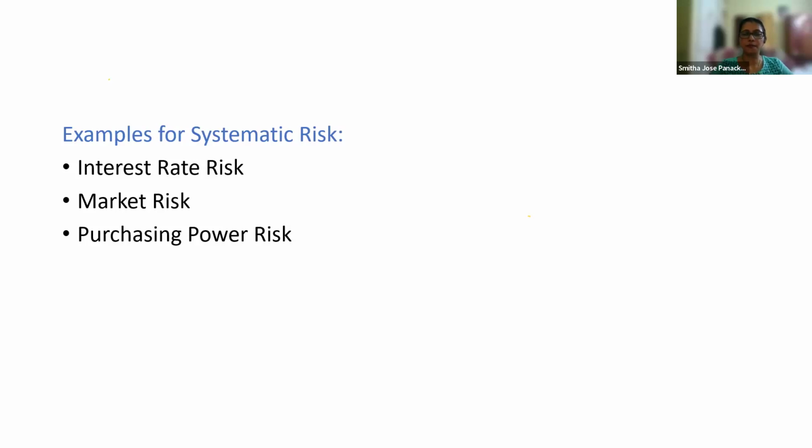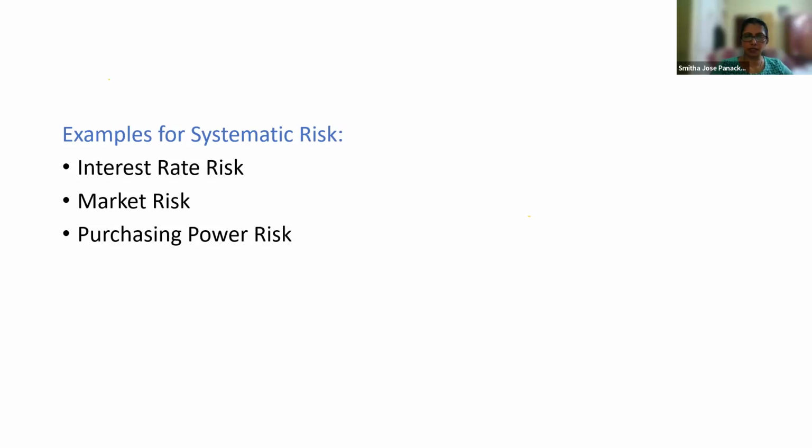Sometimes you might have purchased something for $100 in the previous year, but when you now go and ask for the price, it may be $105, or it might have increased. Why is there that much hike in price? Because of inflation, right? And because of inflation, your purchasing power is getting reduced.